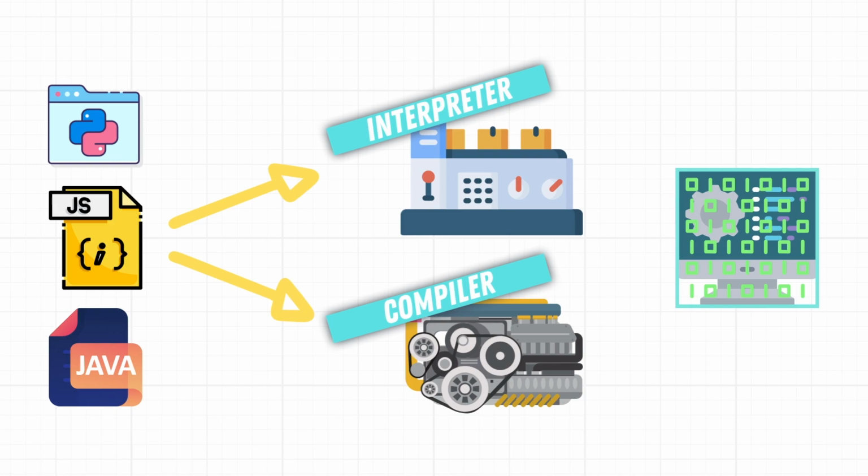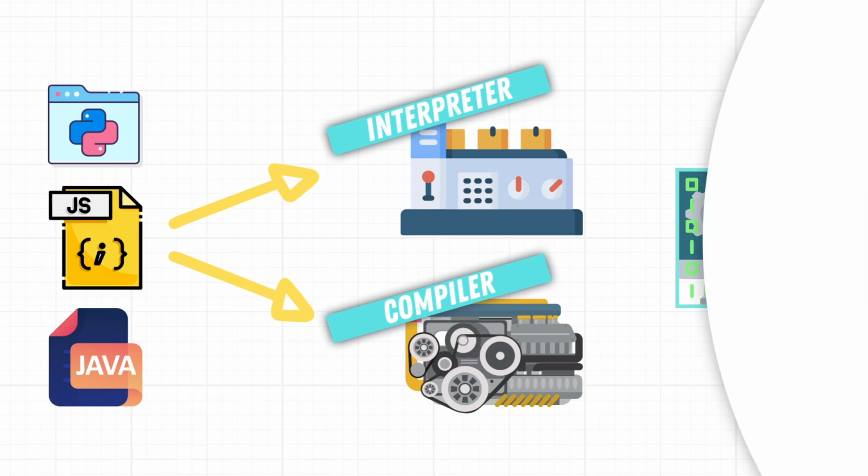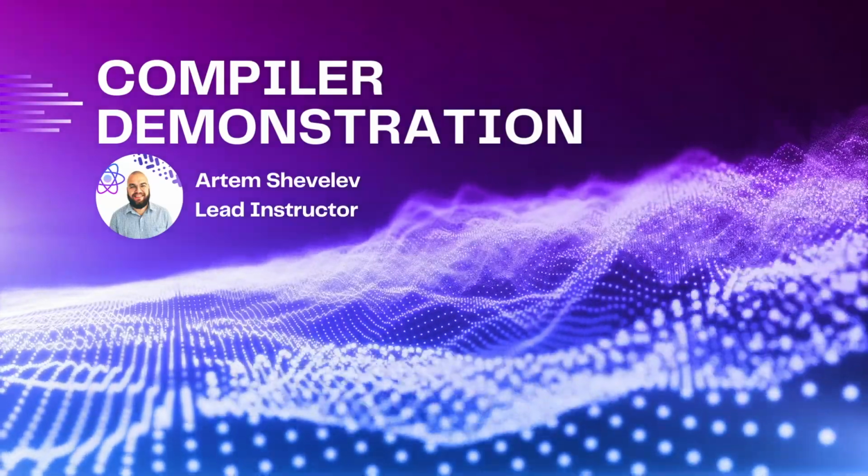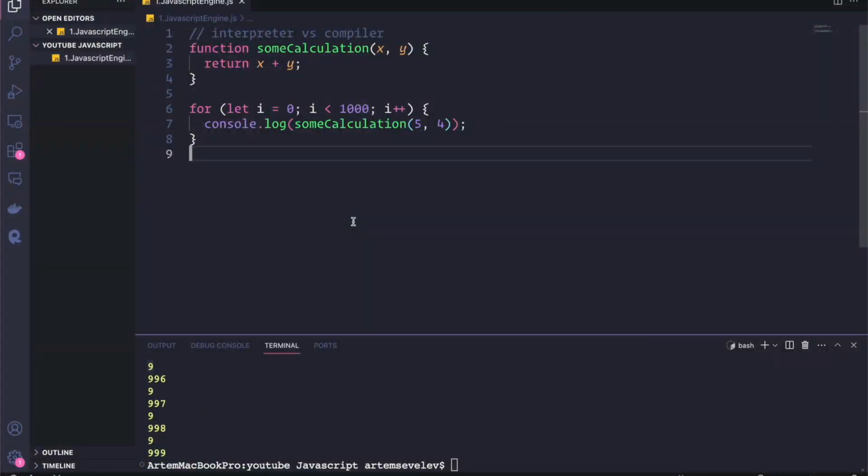Let's take a closer look at this with the compiler. This time it will take one pass through the code and try to understand what the code does. It will take a program in JavaScript or any other programming language and write a new program in a desired language.